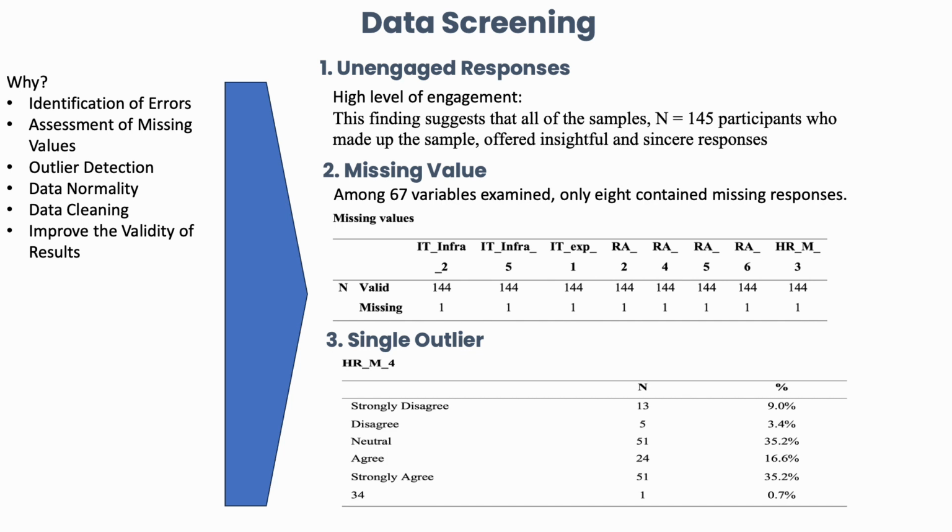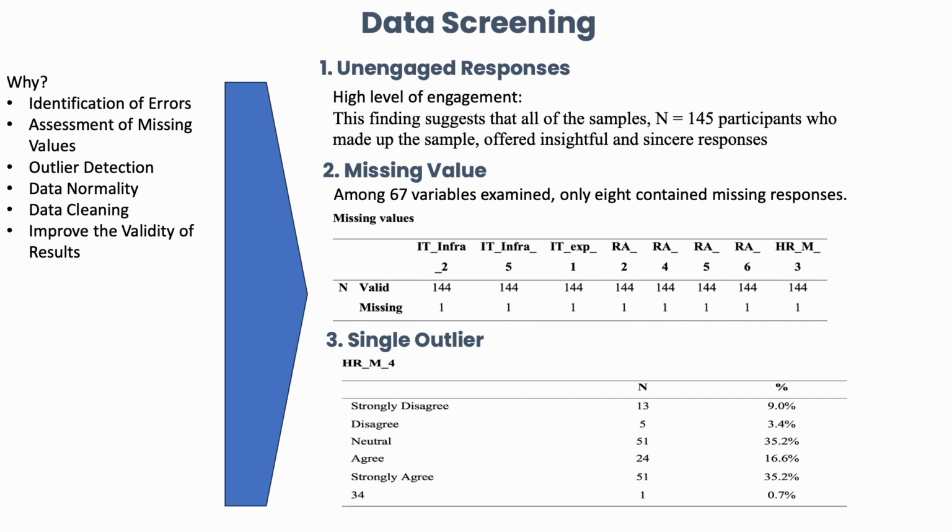Next one is data cleaning. Data screening aids in data cleaning by identifying inaccuracies, inconsistencies, or even redundancies in the data set. And finally, it helps improve the validity of results. Ultimately, data screening helps to ensure the validity of statistical analysis and conclusions drawn from the data.